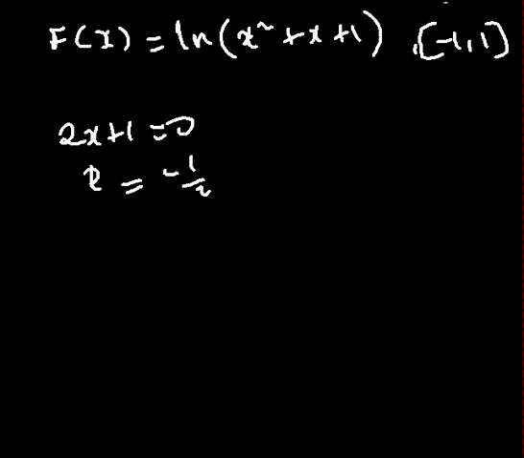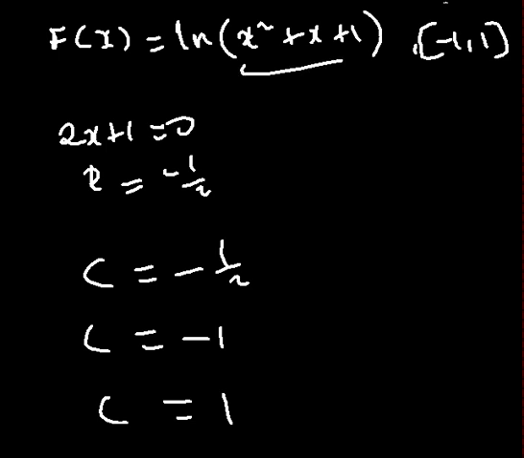And really, is it within the given interval? Yes, negative half is within the interval. So we have the critical values given as negative half, negative 1, as well as positive 1. Then we have to substitute and check. f of 1, what is that? We have ln of 1 plus 1 plus 1, that is ln 3.